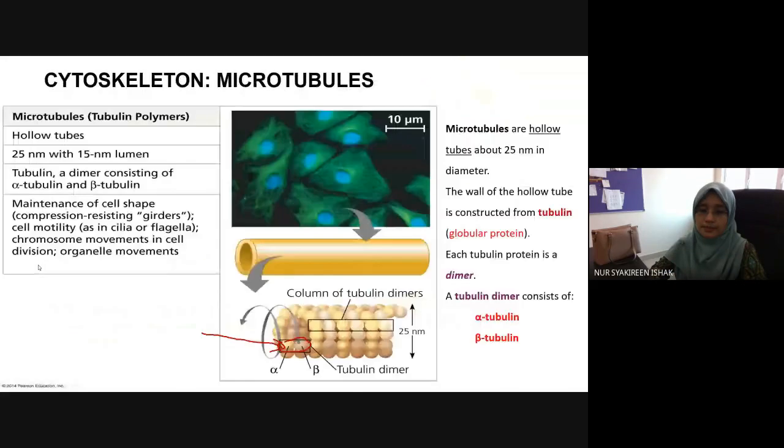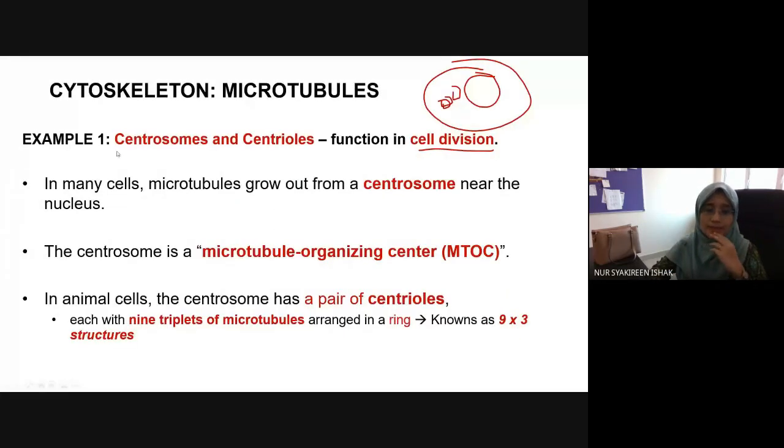So next, for the first example, microtubules are a component of the centrosome and centrioles, which function in cell division. In many cells, microtubules grow out from a centrosome near the nucleus. Grow out means it forms the spindle fiber later.